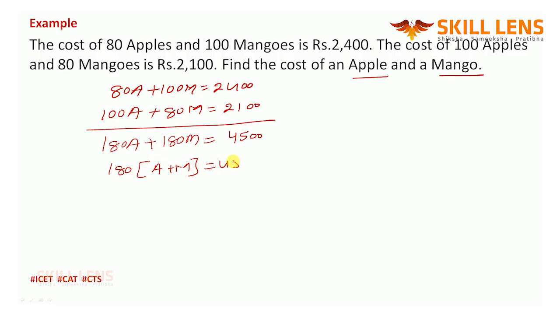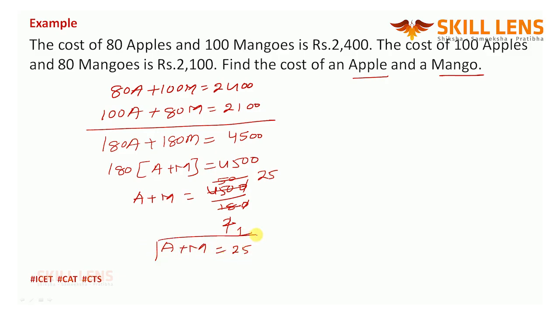So apple plus mango, which is equals to 4,500 divided by 180. 0, 0 cancel. 9 2s are, 9 5s are, 45 and a 0. So 2 1 times 2, how many times? 25.